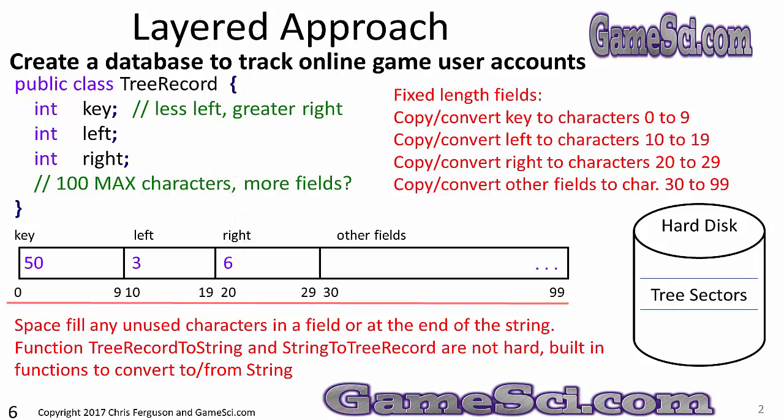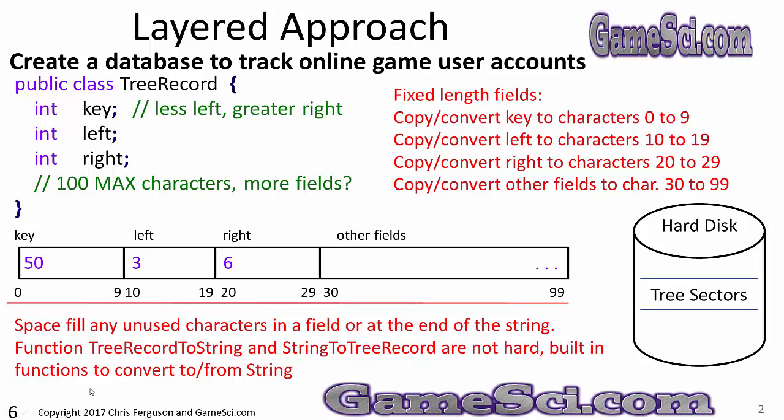Boom. And if you had more data stored in the record, which you likely would have, you would copy and convert those fields to characters 30 through 99 in the string. We'll space fill any unused characters in a field or at the end of the string. So a function tree record to string and a function string to tree record are not hard.